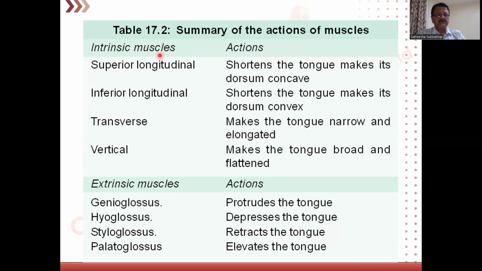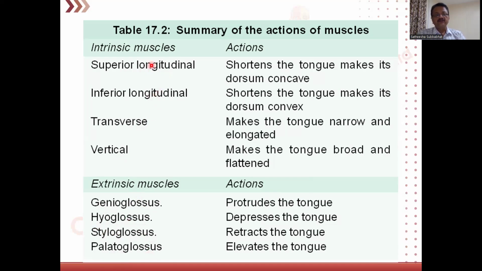Intrinsic muscles means they are confined to the tongue, and there are four in number, each side of the tongue, according to their direction of the fibers. So they are superior longitudinal, inferior longitudinal, transverse, and vertical intrinsic muscle, whereas the extrinsic muscles are four in number. So they are named as genioglossus, hyoglossus, styloglossus, and palatoglossus.